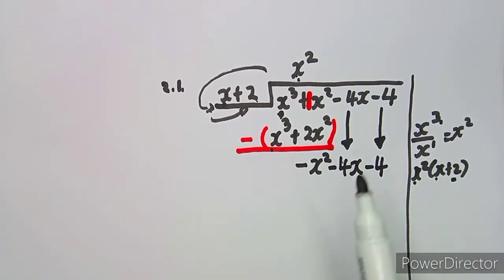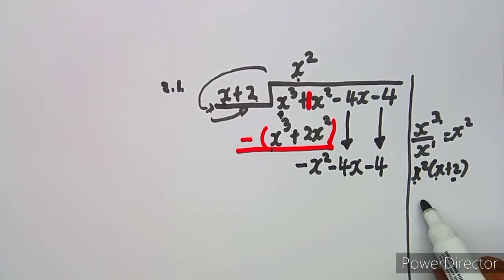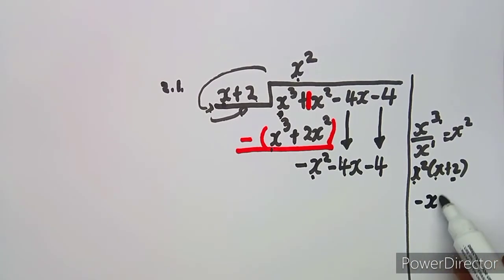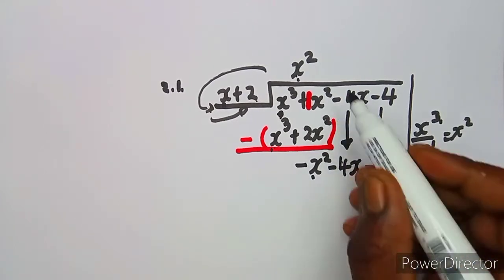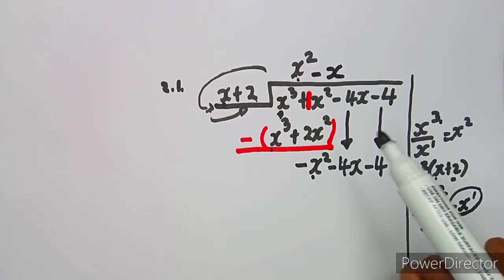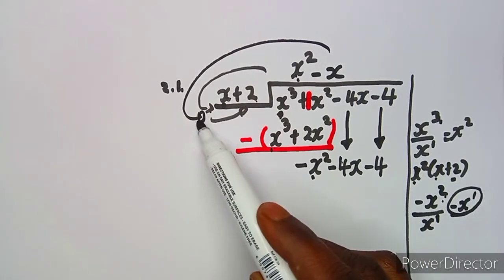Okay, then we divide again, negative x squared divided by x. So we are now back to the first term divided by the first term. As you can see, it's going to be negative x, because it's 2 minus 1, which is 1, so minus x. Whatever you get has to multiply back, just like what we saw with x squared.